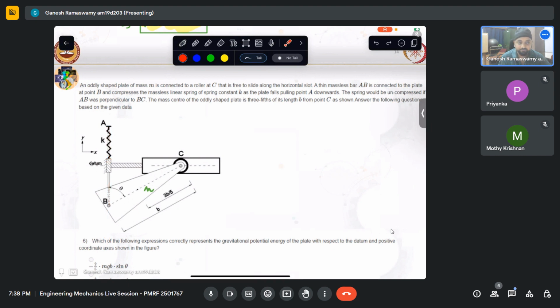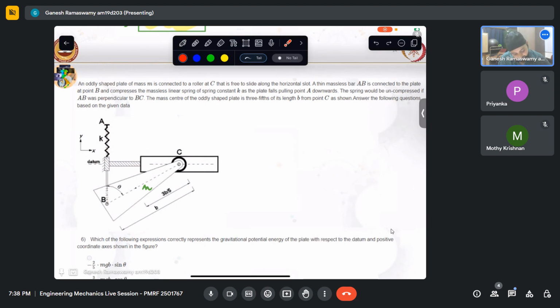So I hope that that is clear, because when this was straight, this point A would have been here. So the original length of the spring would have been like that. Now since A is coming down and this point is fixed, the spring is getting compressed. If you have any questions about this configuration, please go ahead and ask.